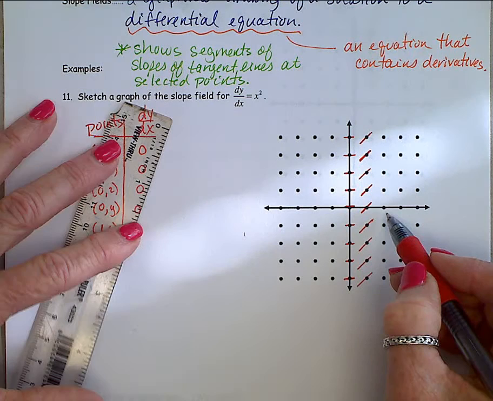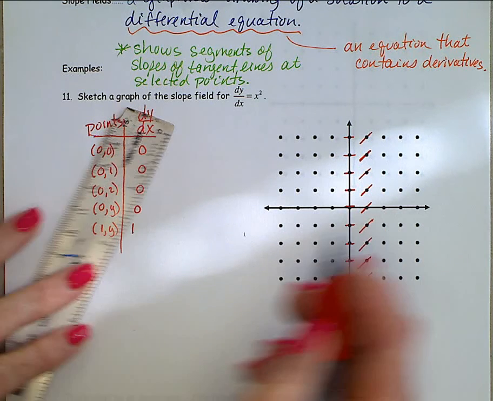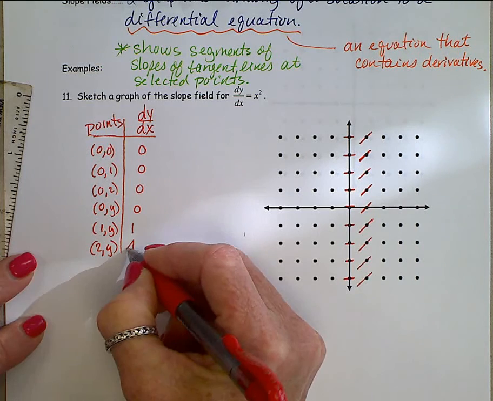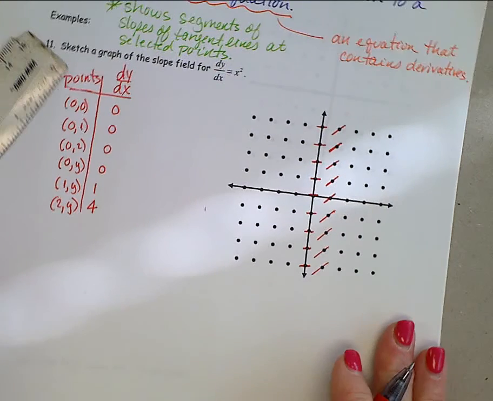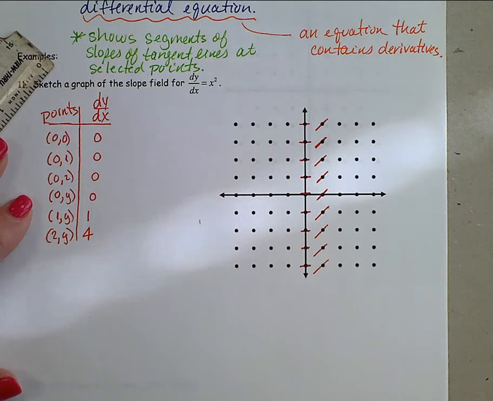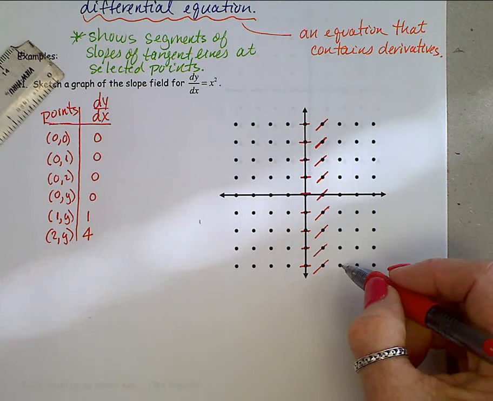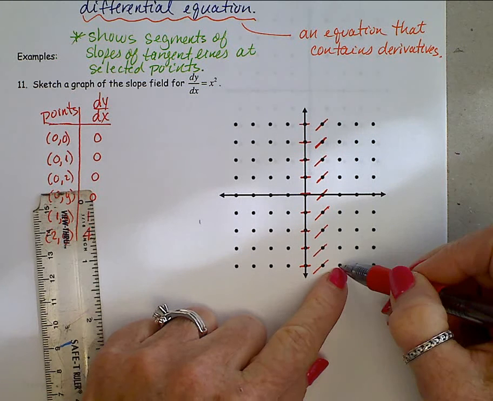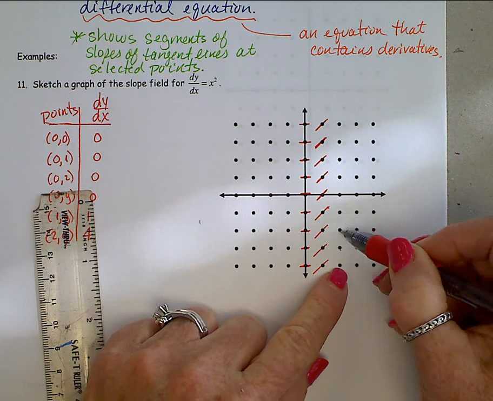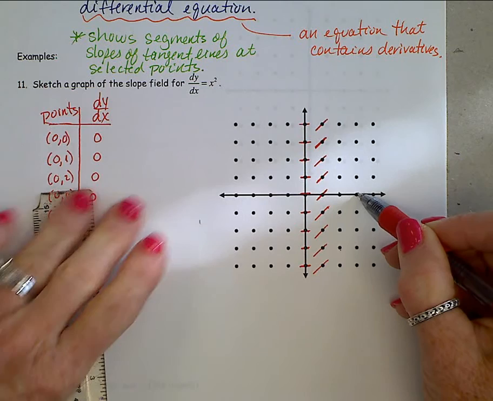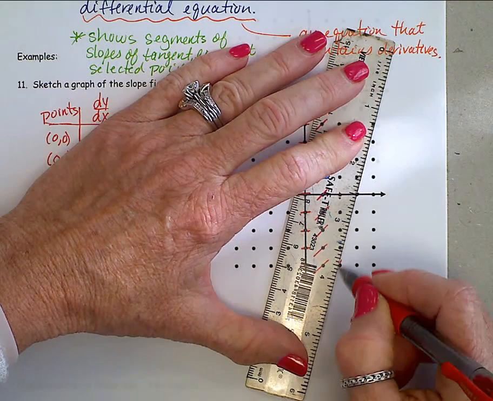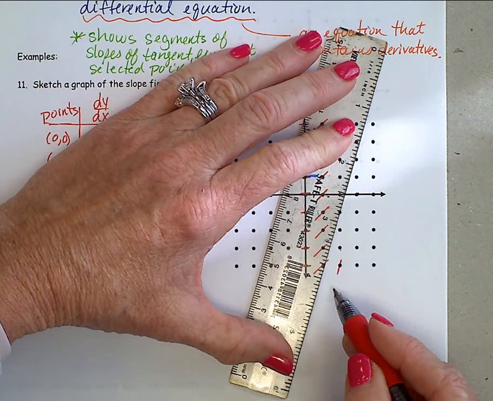Anywhere where x is 2, so (2, anything), that slope is 4. So again, using the dots here to draw this slope of 4, if we choose this point right down here, a slope of 4 would be up 4 and over 1. So I'll use my ruler to connect those, and there's a segment that has a slope of 4.